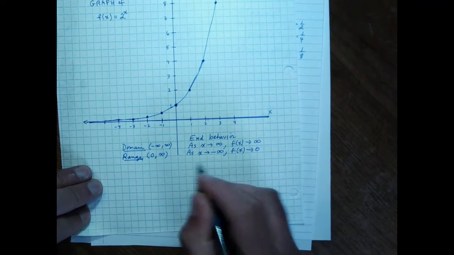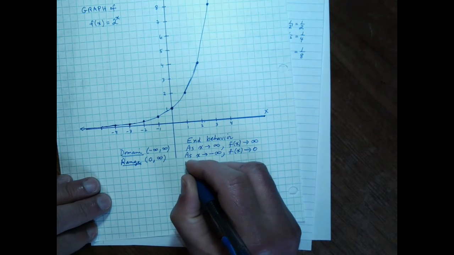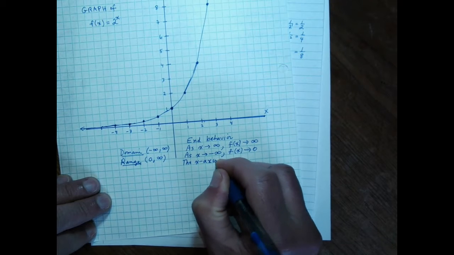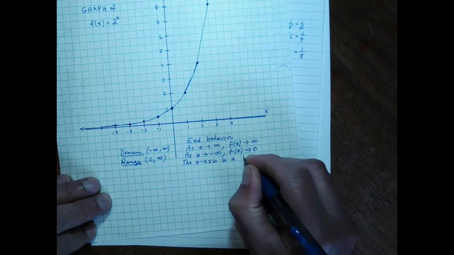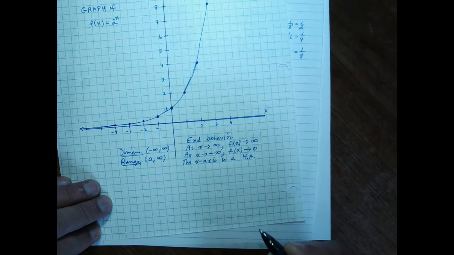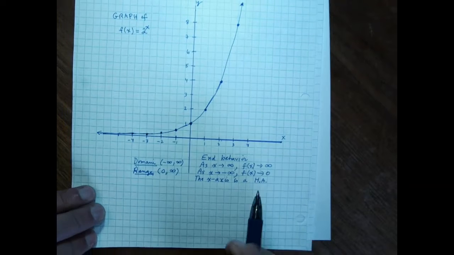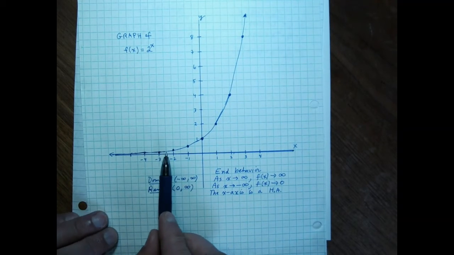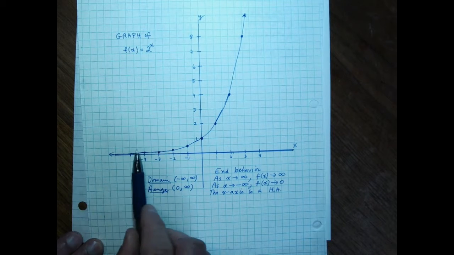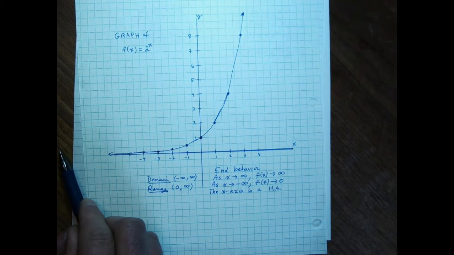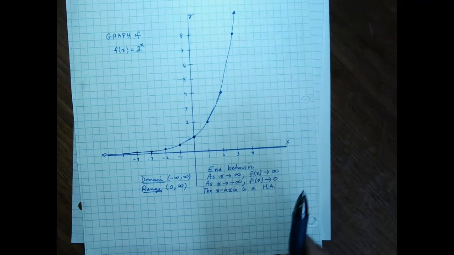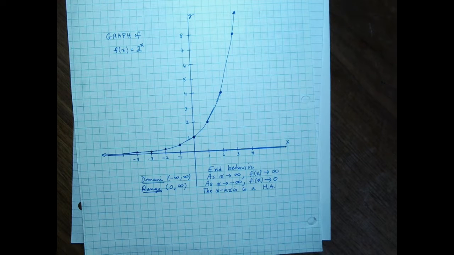The y values approach 0. Another way to think of that is the x-axis is a horizontal asymptote to the graph. I'll write HA for that. This is our first example of a horizontal asymptote, and it applies to the negative portion of the graph as x approaches negative infinity. The horizontal asymptote has no relevance when x gets very, very large.